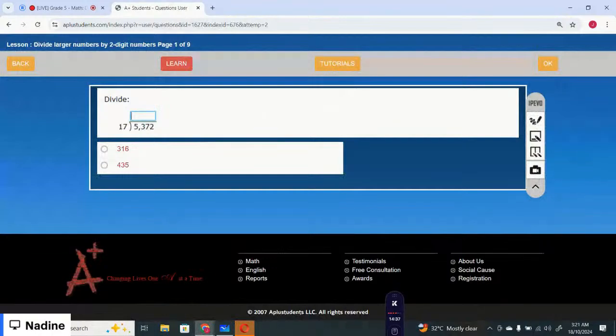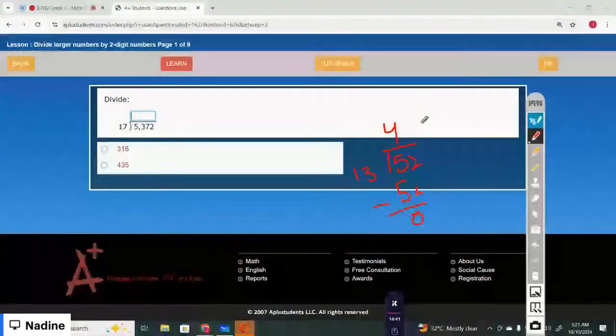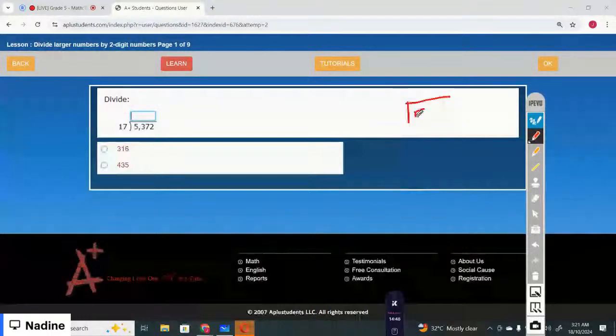So that is 5372 by 17. Now we are going to do the long division method, right? That is very important. So 5372 divided by 17. We are going to do 17 times 3, right? 17 times 3 is 51.